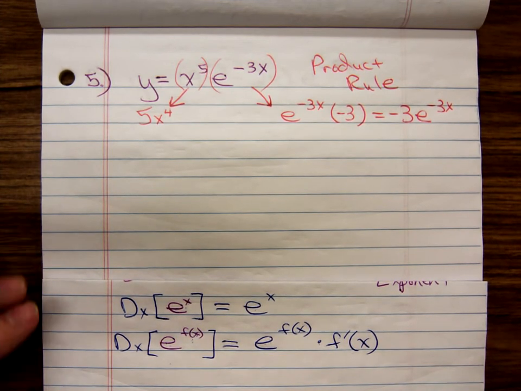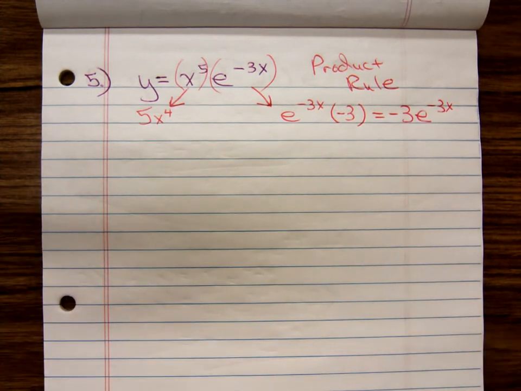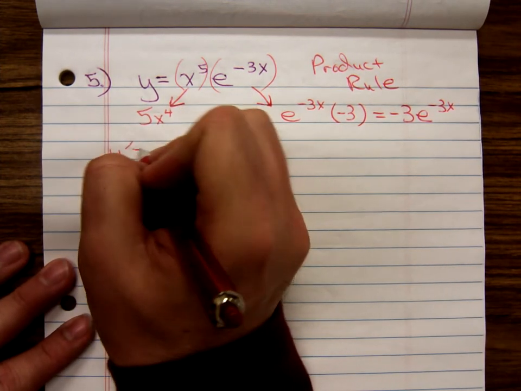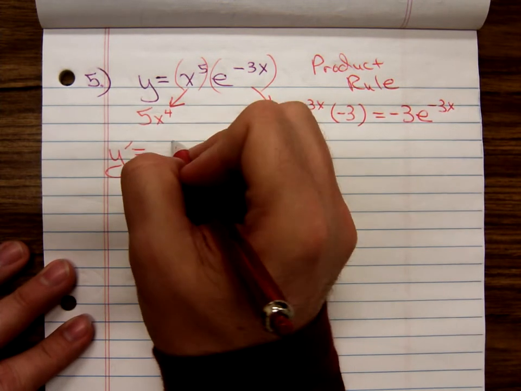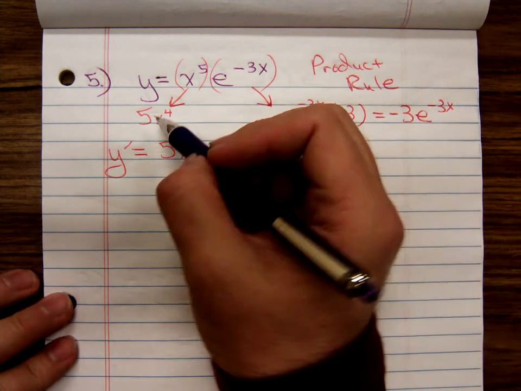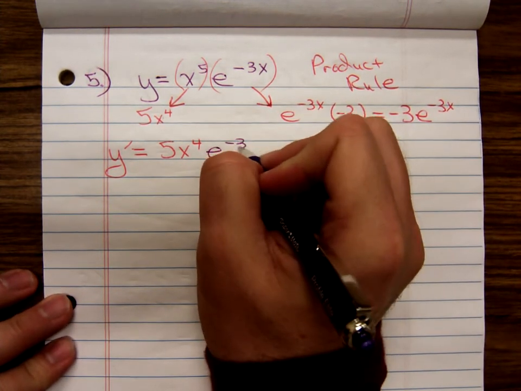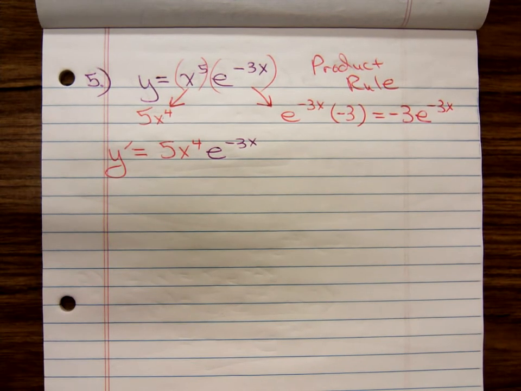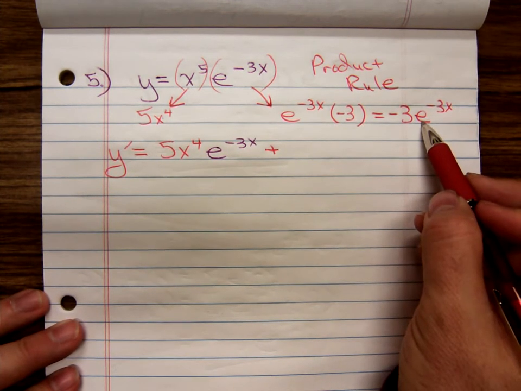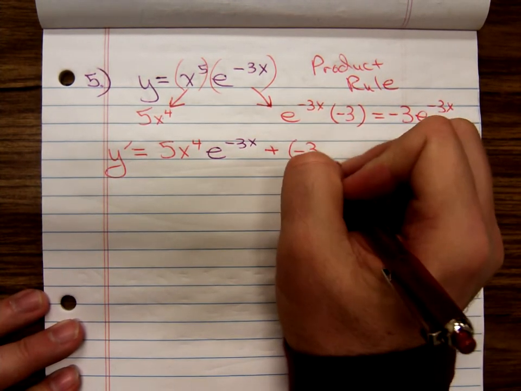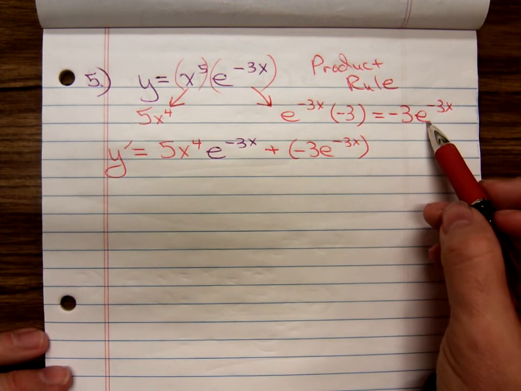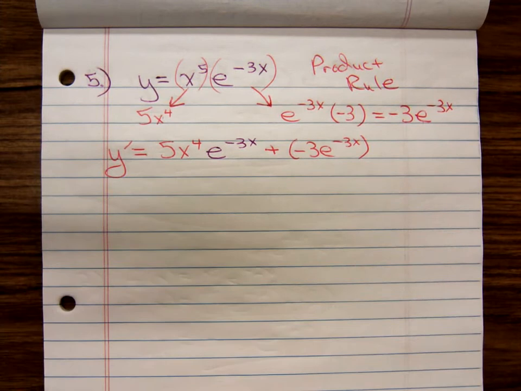And now using the product rule, here we go. Y prime equals the derivative of the first times the second, e to the negative 3x, plus the derivative of the second, that negative 3 e to the negative 3x, times the first, x to the 5th.